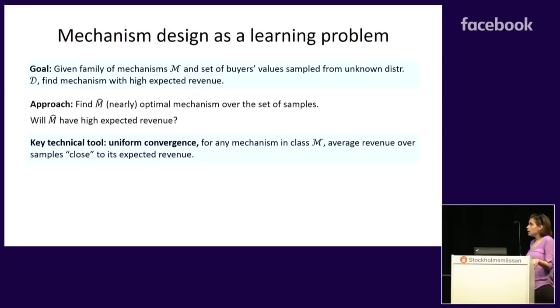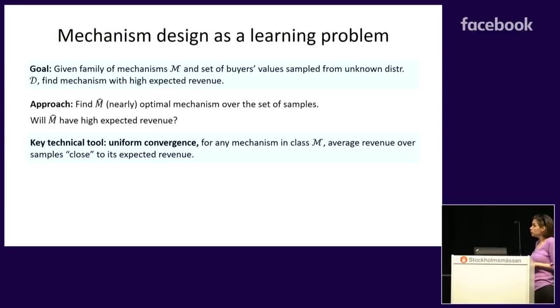And indeed, there is a recent line of work in various communities that does exactly this. A lot of the work in this area has been focused on so-called uniform convergence bounds, which are sample complexity bounds that quantify how many training examples we need to see so that uniformly for all mechanisms in our class of mechanisms, with high probability their average revenue over the samples is close, say additively epsilon close, to their true expected revenue with respect to the unknown distribution.